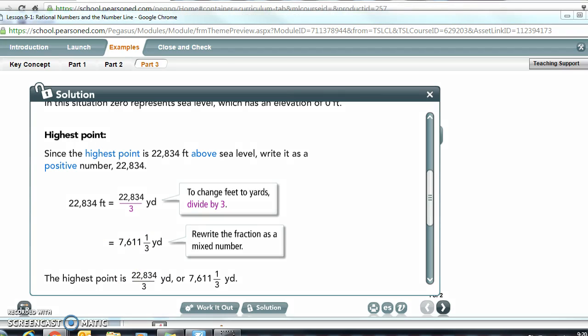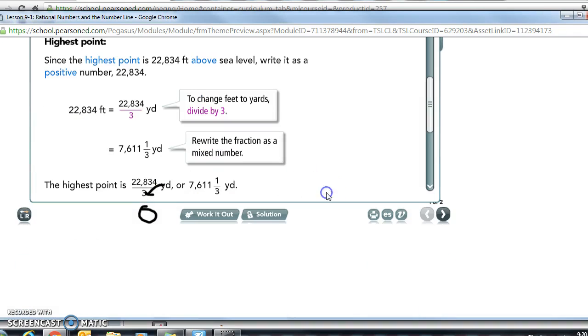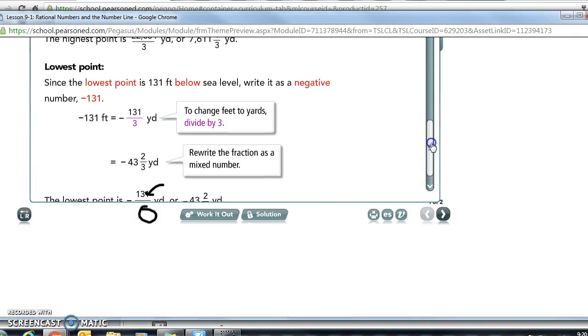Now remember, okay, this is showing that when we divided, we had 1 left over, a remainder of 1. And since we're dividing by 3, the 3 in the bottom will be my denominator. Okay, they do the same thing down below. For negative 131, when they divide that, they get negative 43.